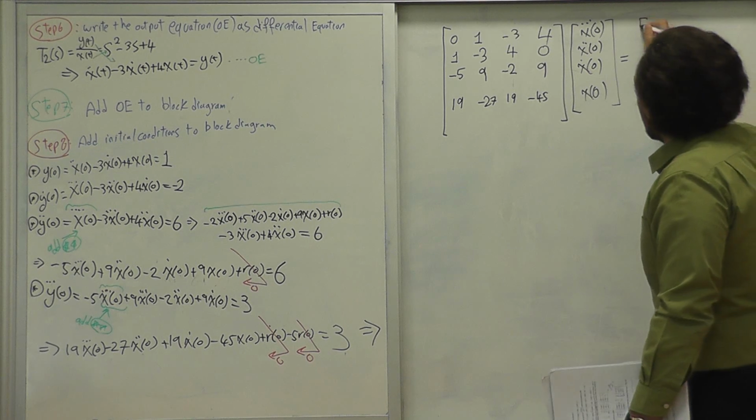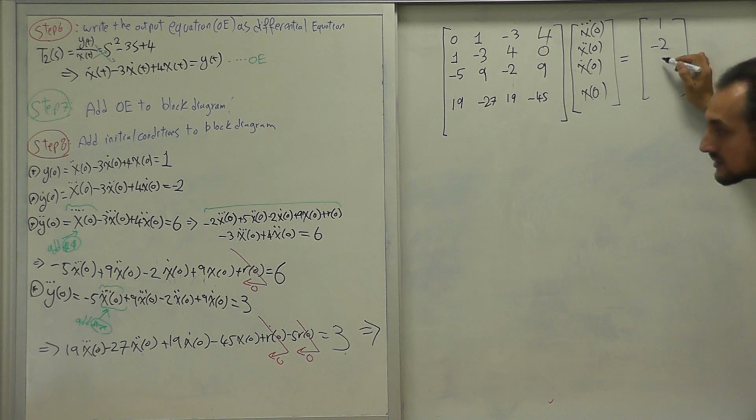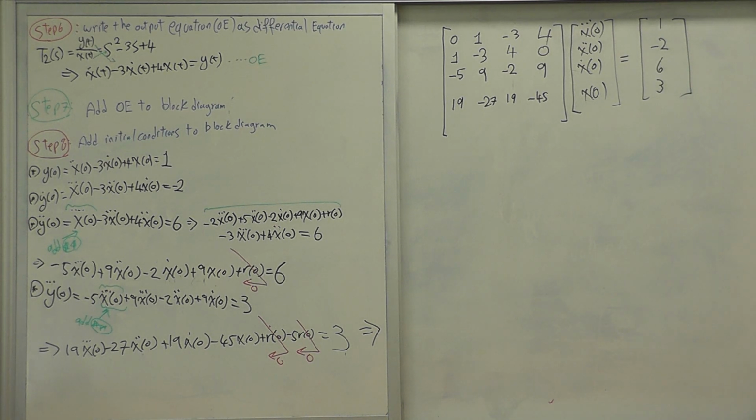This is equal to what? 1, minus 2, 6, 6 and 3. Okay.